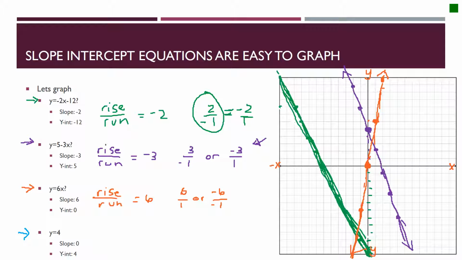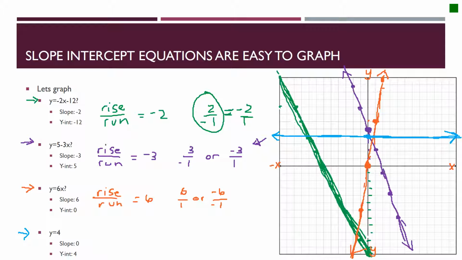So the y-intercept is 4. So we're going to go ahead and draw this little dot right here at 4. And the slope is nothing. It's like a flat piece of ground. We're not going anywhere. We're just staying put. And so our line is going to be flat, just like this. There's no slope. We don't have to count anything. We just know that the slope is 0, which means it's a flat line.